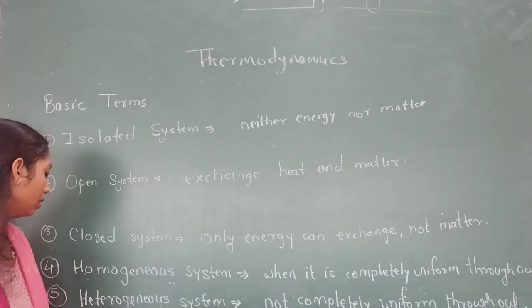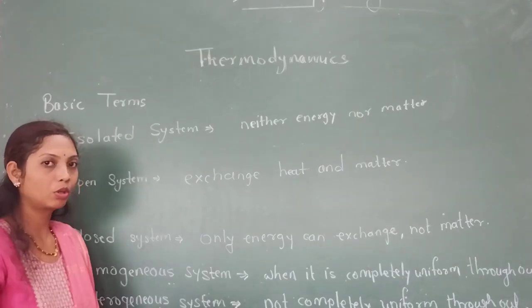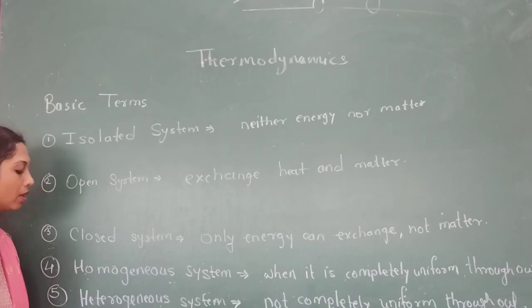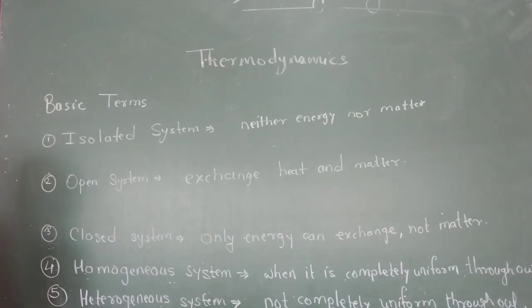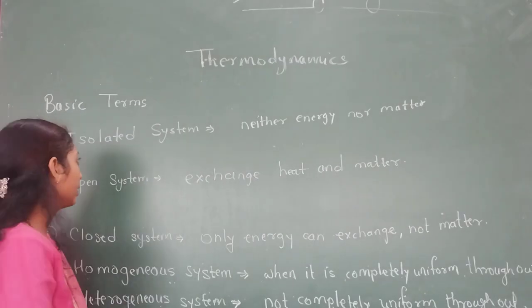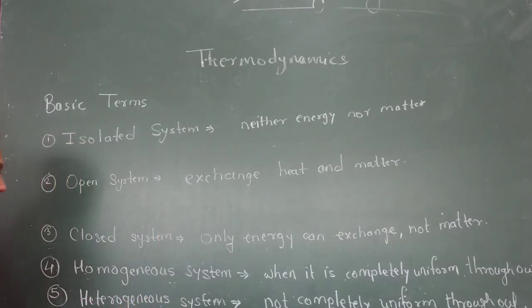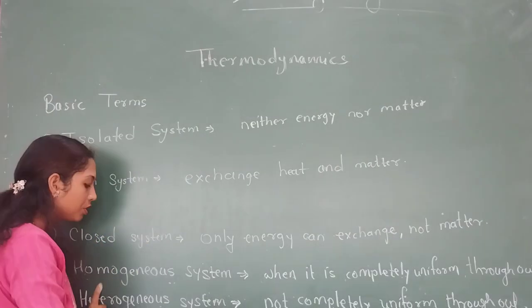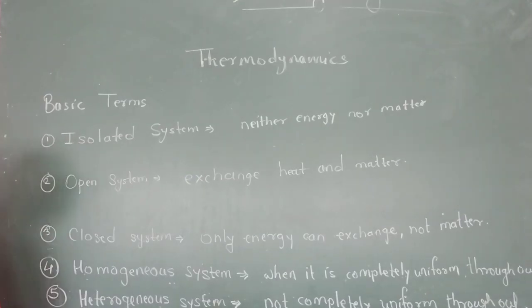Means there is presence of two or more than two phases. Such a system is called as heterogeneous system. Okay, these are some types. 5 types of system: isolated system, open system, closed system, homogeneous system, and heterogeneous system.